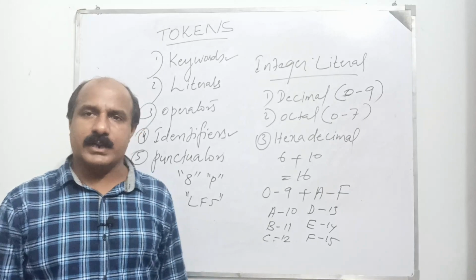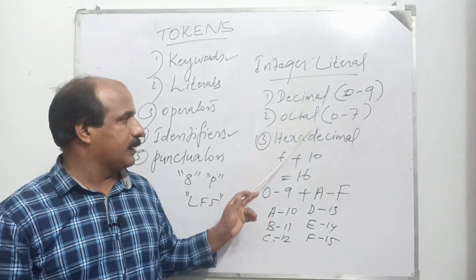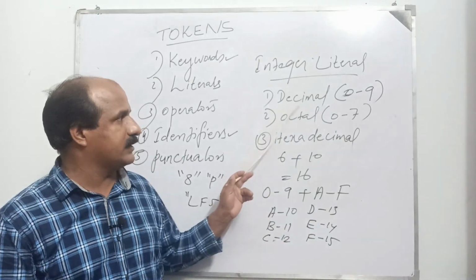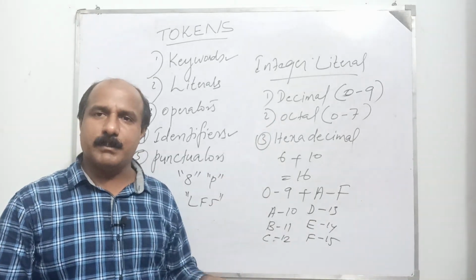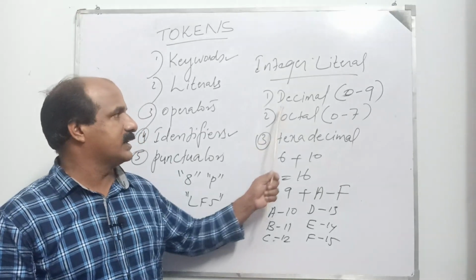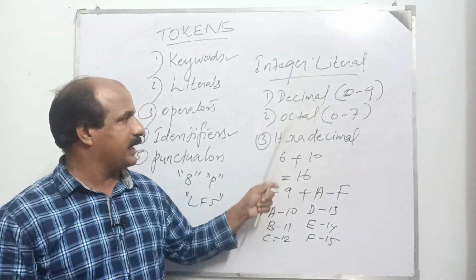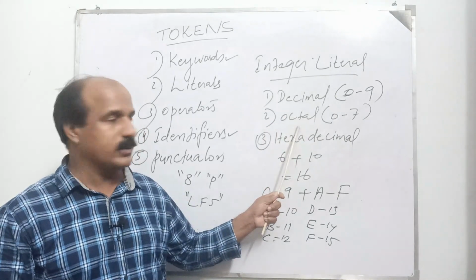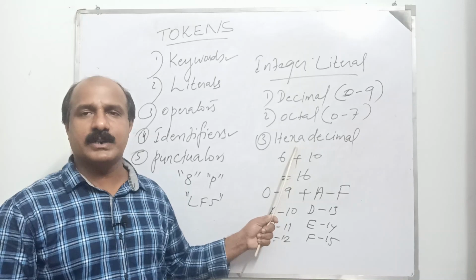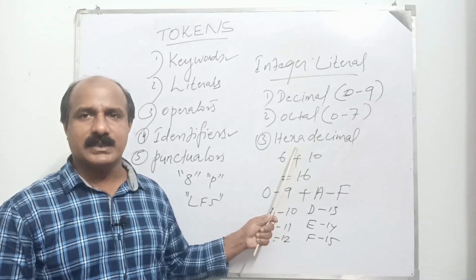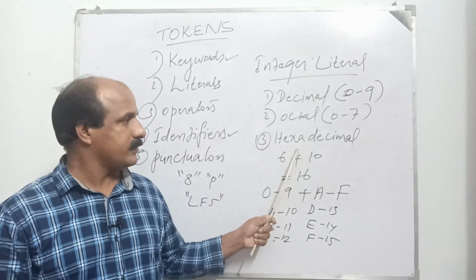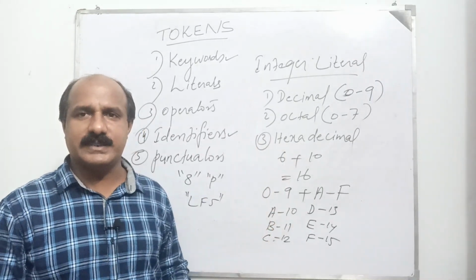So what you wanted to know is you can write numbers in computer by these three methods. Whenever you write numbers simply, it will be considered as decimal. And you can write that same number in octal also, and the same number can be written in hexadecimal also. The conversion of number systems you have learned in class 7. I think you are remembering. Now how to differentiate these numbers?